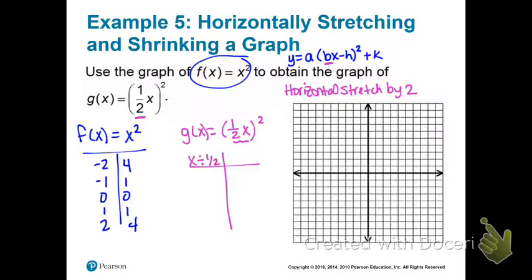Now, we usually don't like to divide with fractions. So remember, you learned keep it, change it, flip it. So we're really going to take that x and keep it. We're going to change divide to multiply, and we're going to flip that fraction. So we're really just multiplying it by 2. All right, so we're going to multiply all of our x's by 2. There's nothing not inside with the x in this problem.